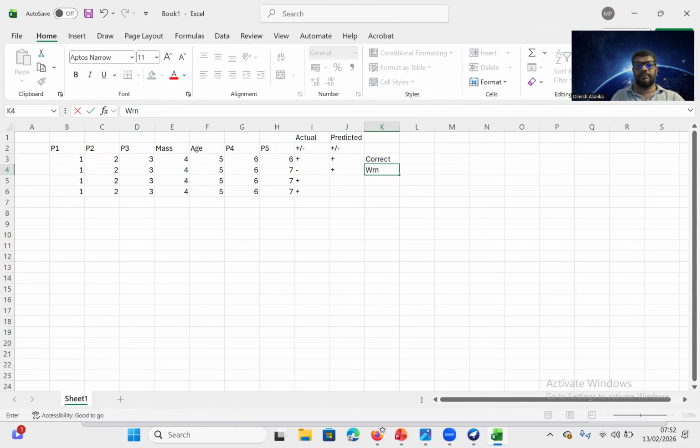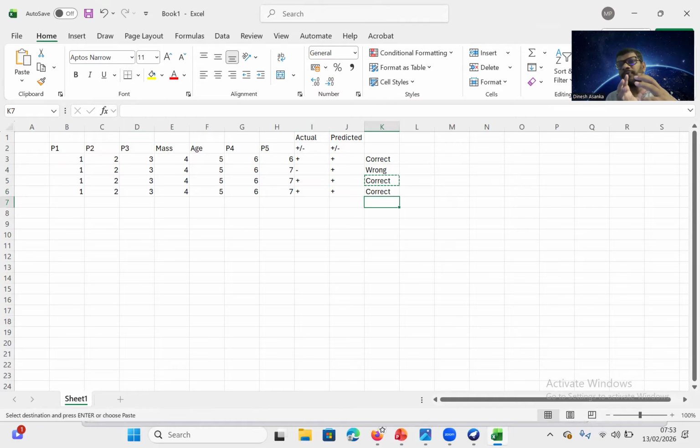So this one is wrong. This one is positive, and let's assume you have predicted it correctly as well. So then it is correct. This one is positive. Let's assume your model predicted it as positive. So then it's again correct. Now out of 4 records, 3 were correct. That means 3 divided by 4, you are at 75% accuracy.